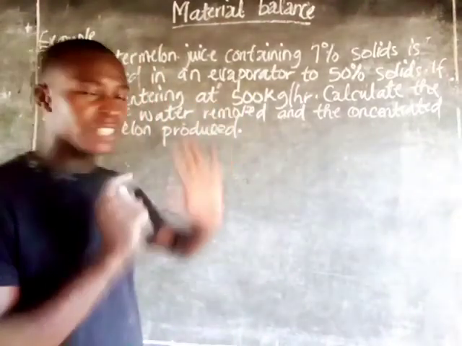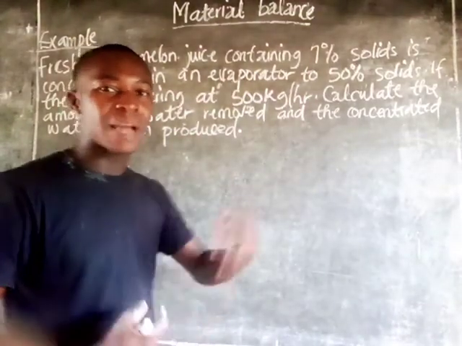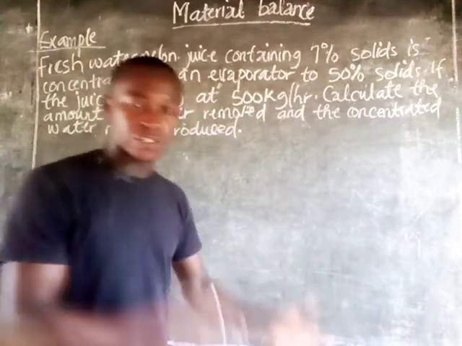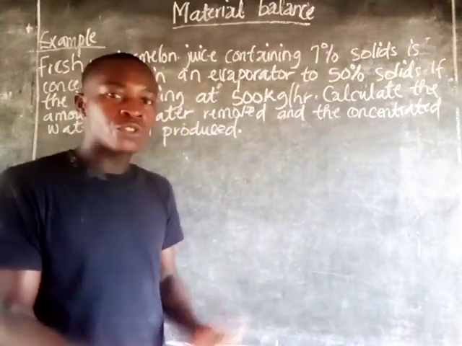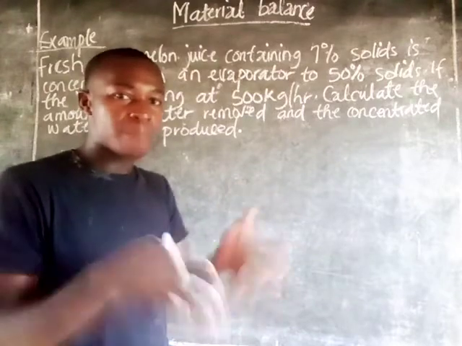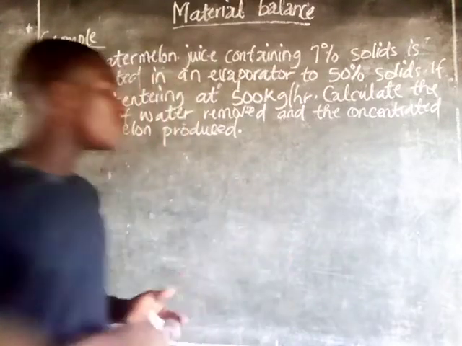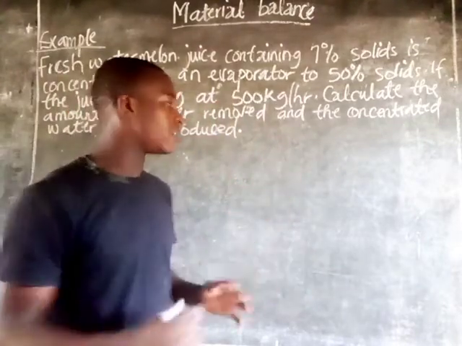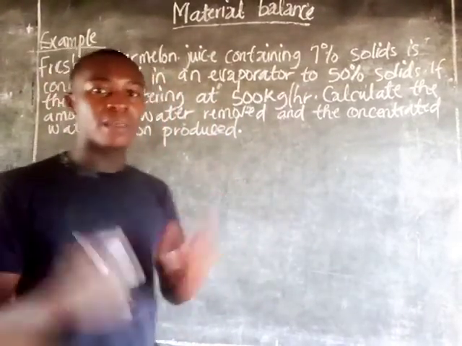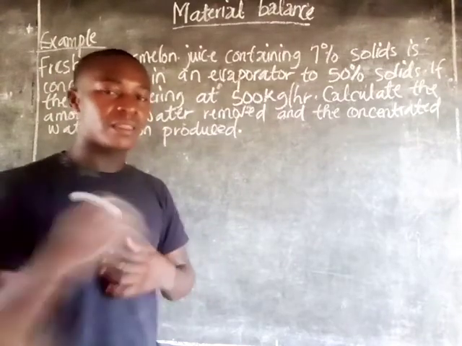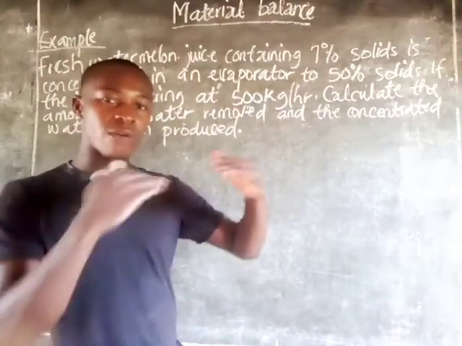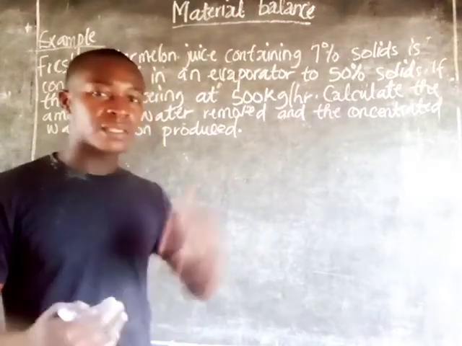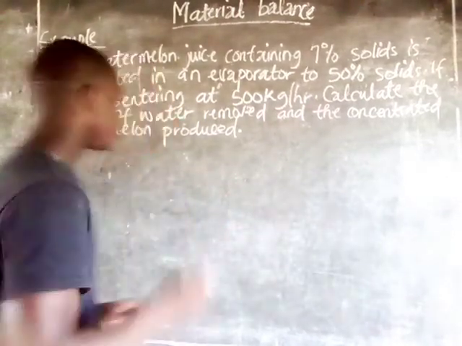And the question says, calculate the amount of water that was removed for the juice to be concentrated, and then the amount of concentrated watermelon juice. So now the first thing we are going to look at is to set a system for our problem. Then when we set a system, we'll form the corresponding mass balance equation and the component mass balance equation.